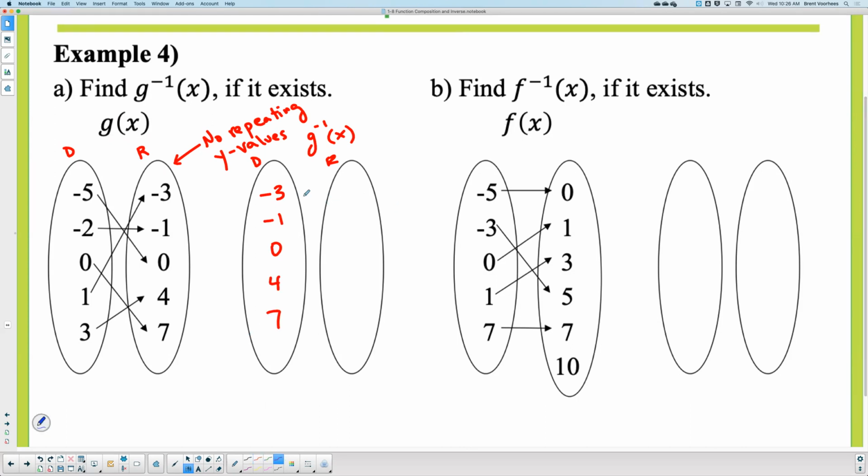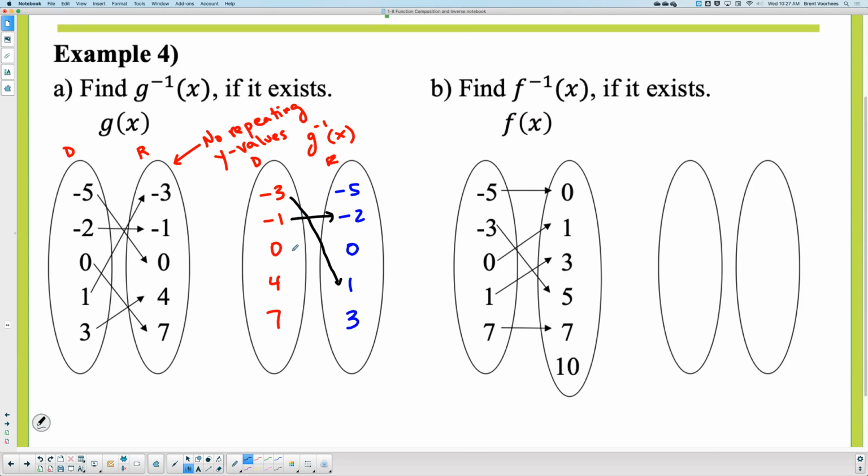Now, just to make it easy, what will negative 3 map to? 1. Actually, I'm just going to go ahead and write these out here: negative 5, negative 2, 0, 1, 3. Okay, now they have this written in as its range. Now y'all tell me, what does negative 3 get mapped to? Negative 3 gets mapped to 1. What does negative 1 map to?